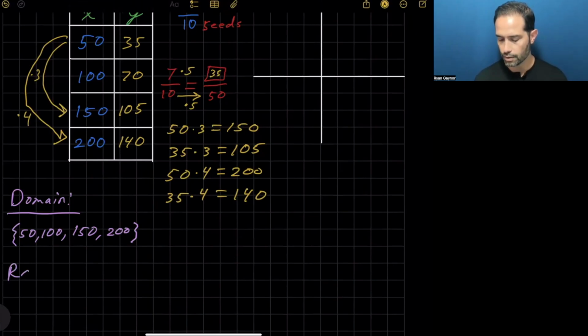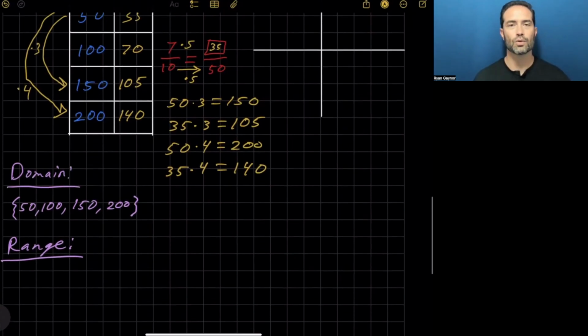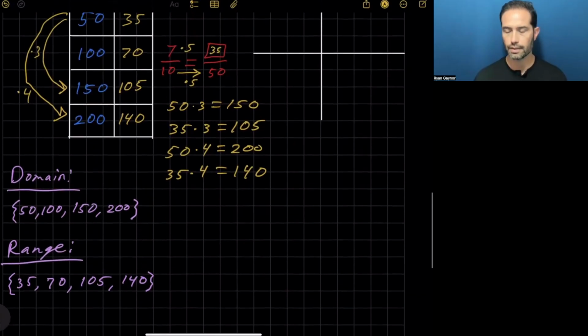Okay, so now we have the range. And that's all possible y values. So we have 35, 70, 105, 140. Okay, now these are your domain and range. Just a quick side note here, because they asked you for specific points, 50, 100, 150, 200, we stayed right there.